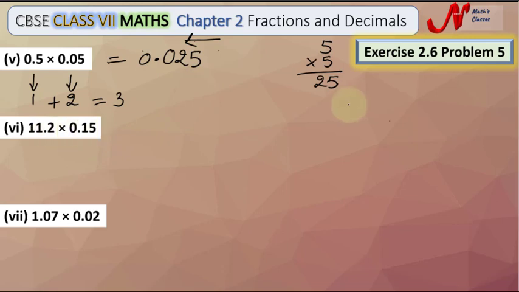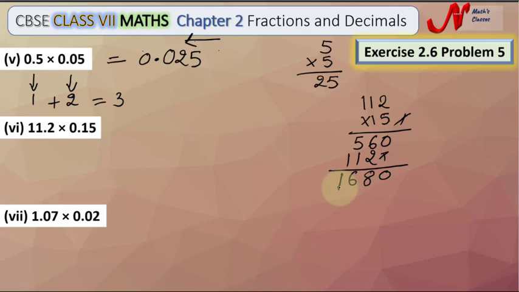Next we find 11.2 into 0.15. To find this product we multiply 112 with 15. So 5 2s are 10, 5 1s are 5, 1 plus 1 is 6, 5 1s are 5, 1 into 2 is 2, 1 1 is 1, 1 1 is 1. By adding we get 0, 6 plus 2 is 8, 5 plus 1 is 6, 1.